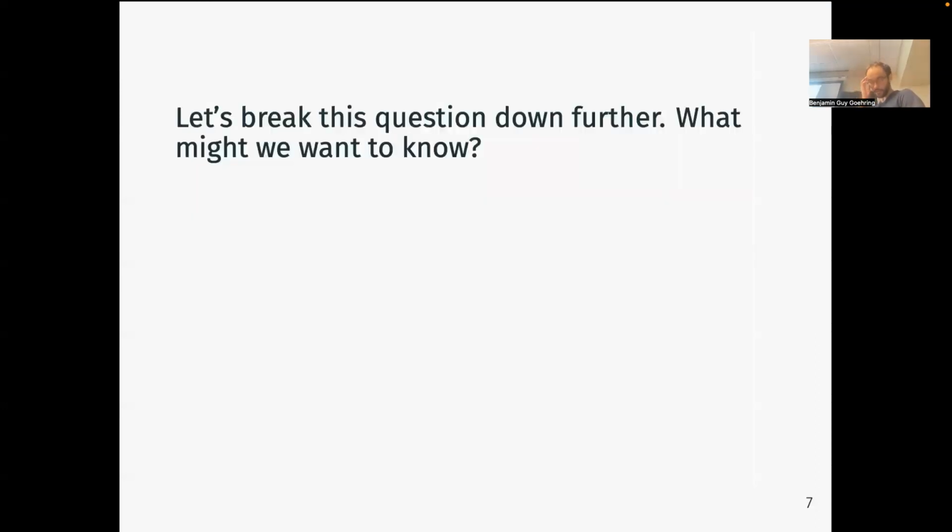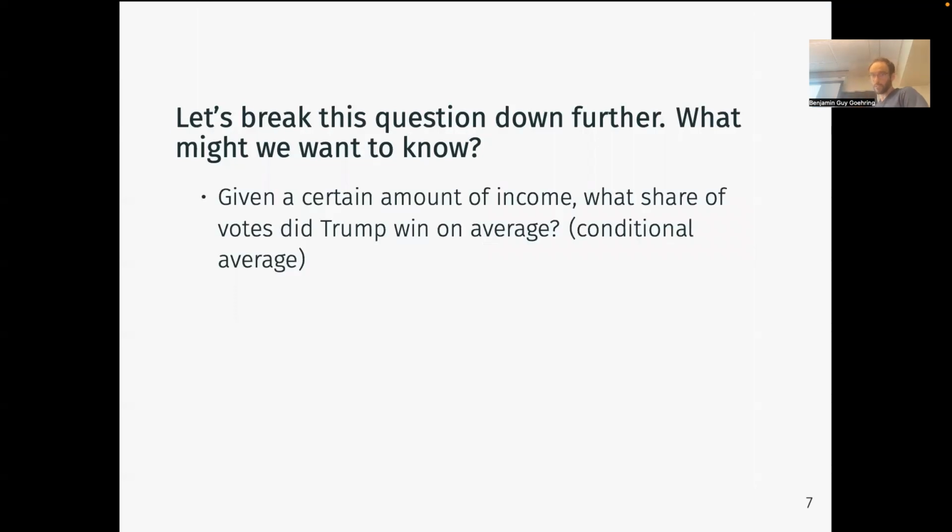Okay, so let's break this question down a little bit more. Let's say there are two things in here that we're interested in. One of them is that given a certain median income level, what share of votes did Trump win on average?